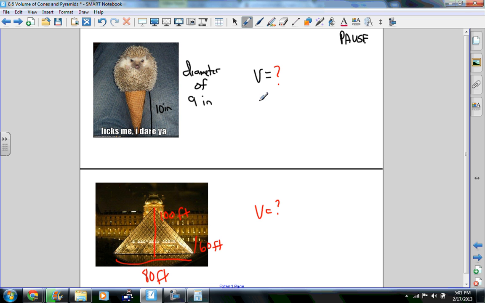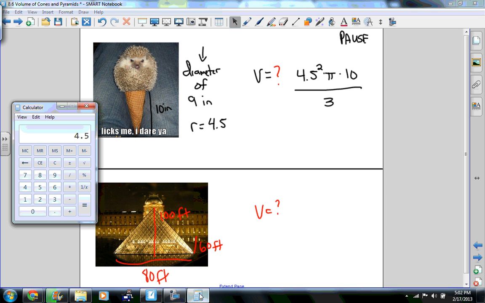Try these two on your own. Okay, this one on the top is a little bit tricky. Since this is diameter, that means the radius is 4.5. So for this one, it's 4.5 squared times pi times our height of 10 all over 3.